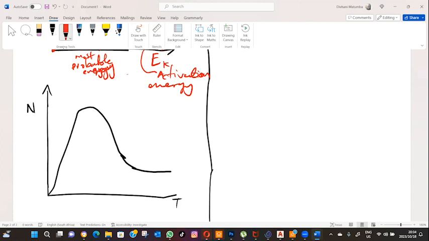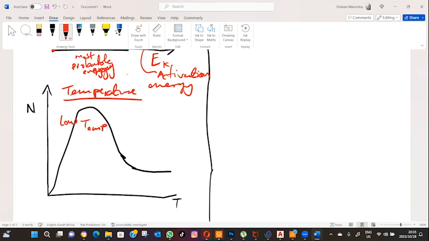Now, this is for low temperature. Now we're talking about change in temperature.